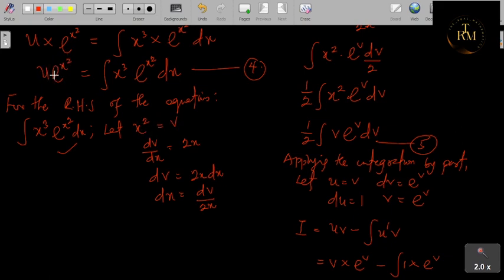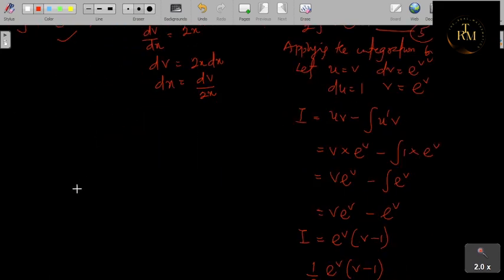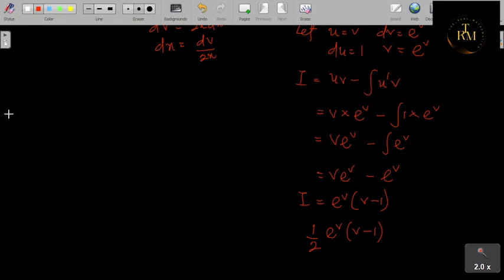So on the left hand side here I'm going to have u. From equation 4, I'm going to have u exponential v equals 1 over 2 exponential v into bracket v minus 1.